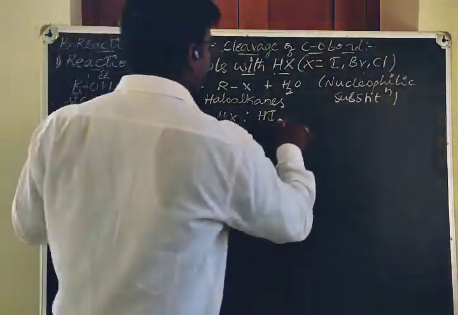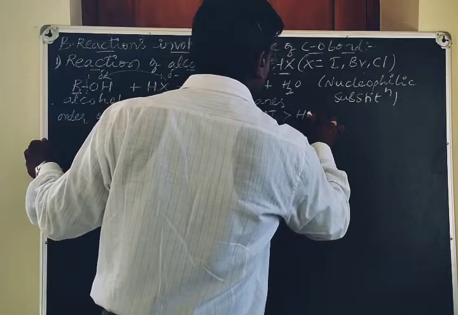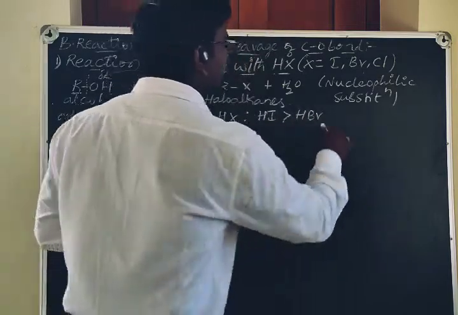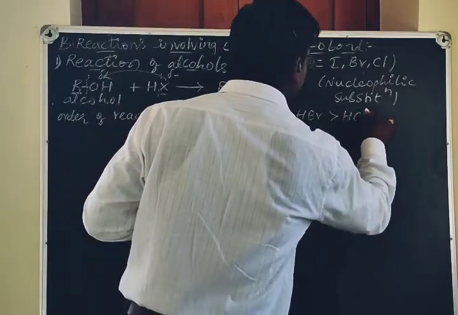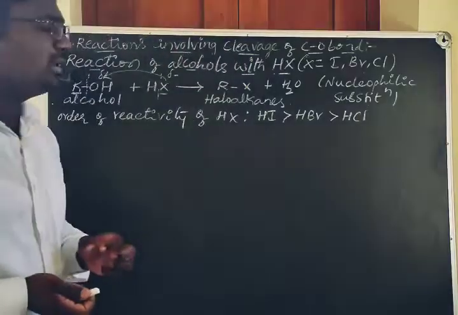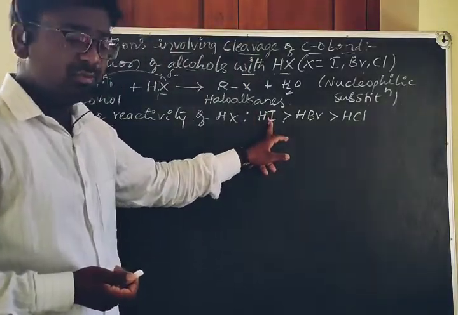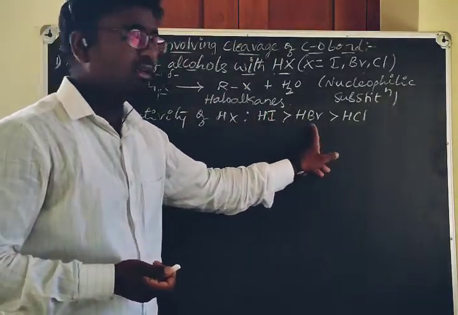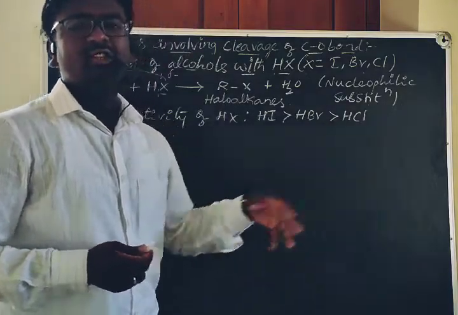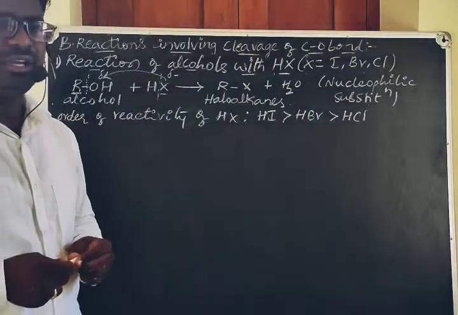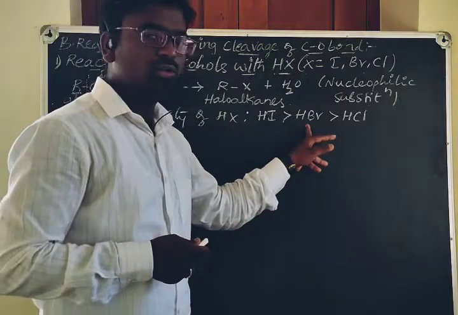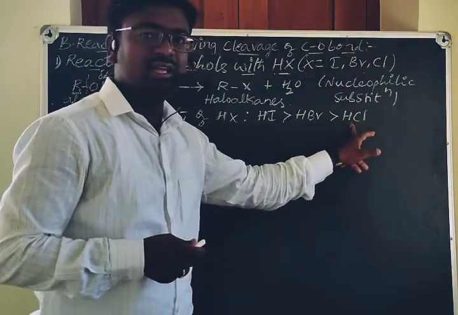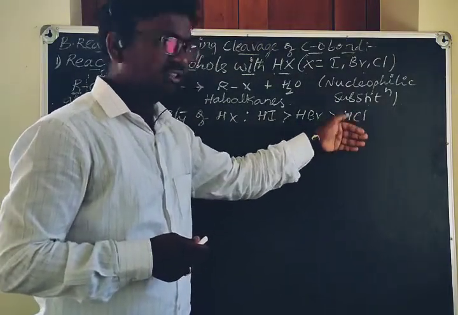And next is HBr, and next is HCl. Here the replacement of the iodide ion takes place more readily than the bromide ion and the chloride ion. As you know, chlorine is an electronegative element when compared to these two, and its bond has greater strength.